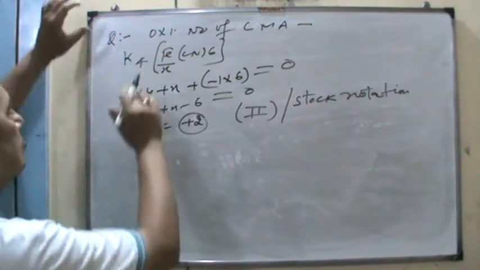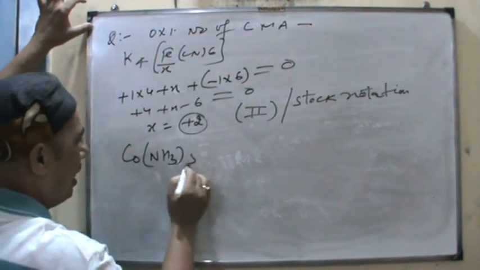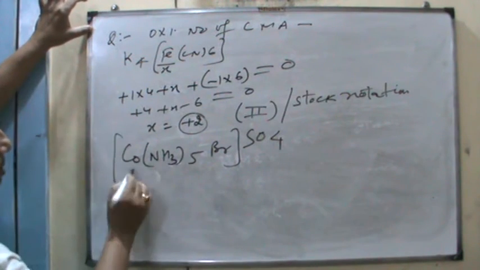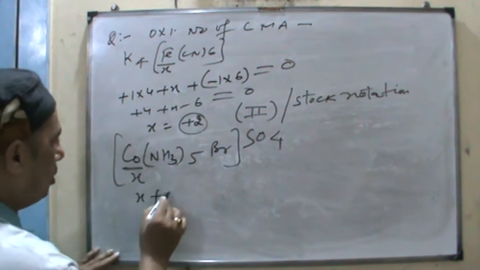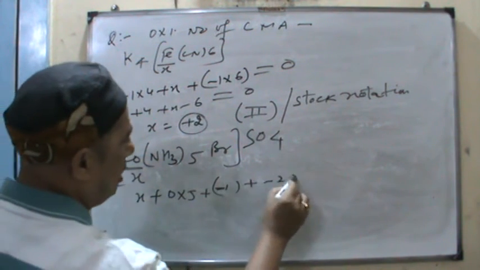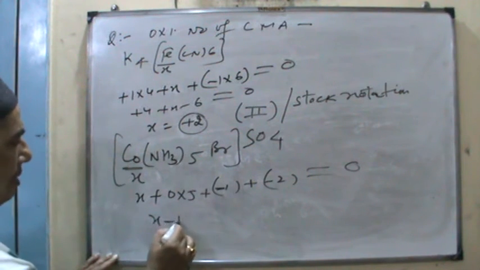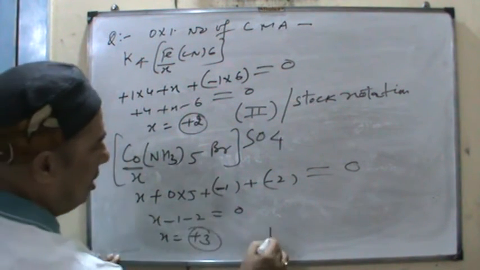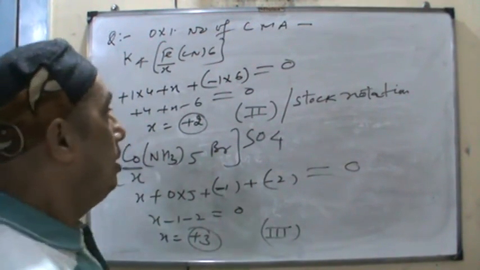So if I say [Co(NH3)5Br]SO4, tell me, cobalt is taken to be X, ammonia is the neutral ligand, bromine -1 and sulfate -2, the sum is taken to be 0. So X -1 -2 equal to 0. So X equal to what? +3. Represent it as a Roman numeral in parenthesis.